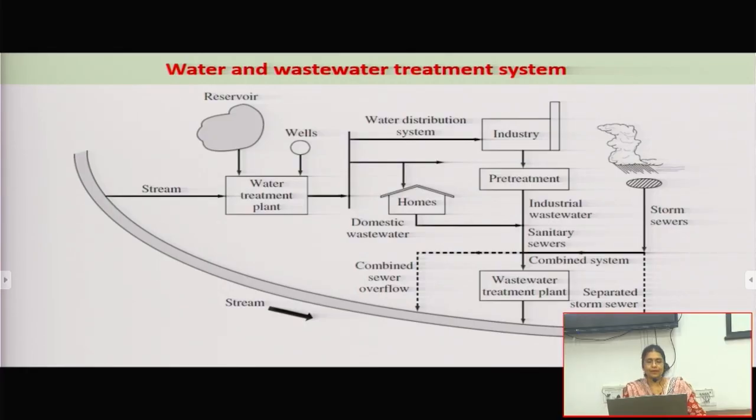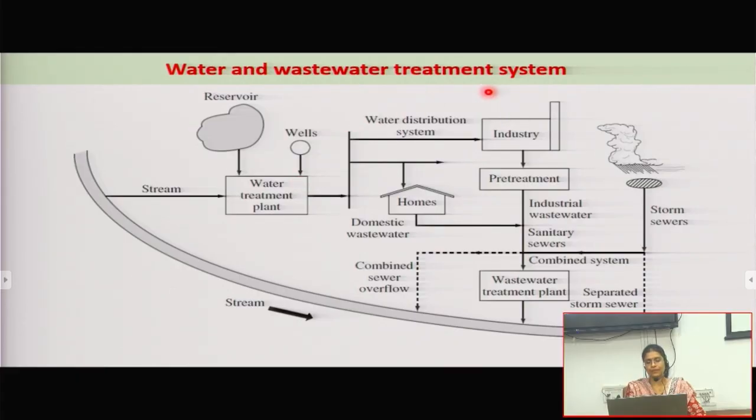So I think this picture representation was already shown to you before. This is our stream from where we're getting the water. This is a source, and we can have three types of sources. It could be a surface or reservoir source, it could be an underground source, or it could be directly the surface water which we are tapping from here. It is treated in the water treatment plant.